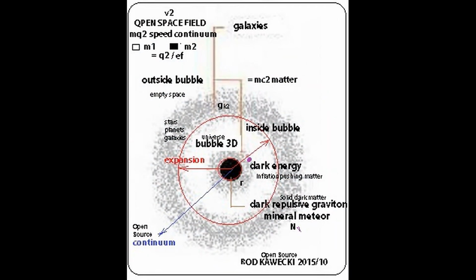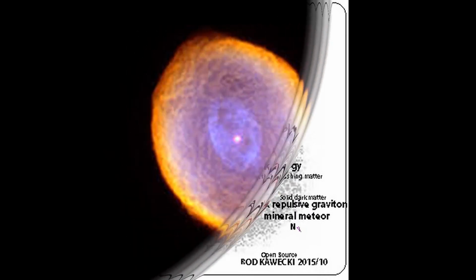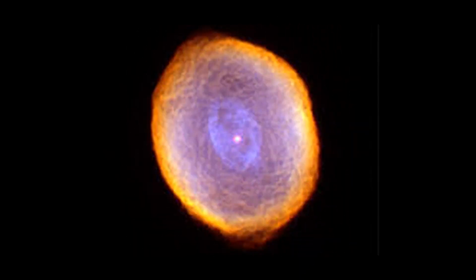Here's a diagram of what the universe might look like. You can see in the center is a bubble, Stephen Hawking. In string theory, we have Michio Kaku, who believes that the universe, if it was able to be observed from a far enough distance, this would be what it looked like.